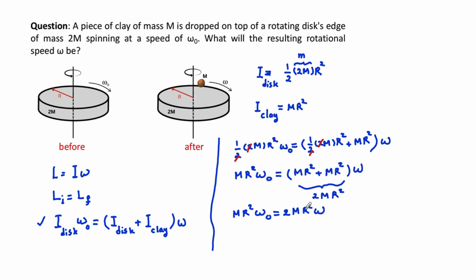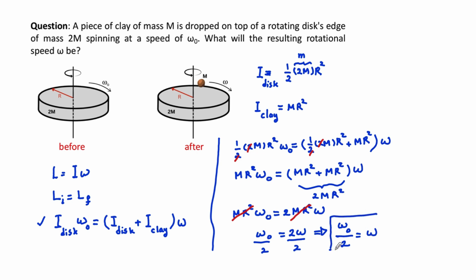Now we can cancel out m r squared from left and right side, and then we get omega 0 as 2 omega. If we divide both sides by 2, we get omega 0 over 2 equals omega.